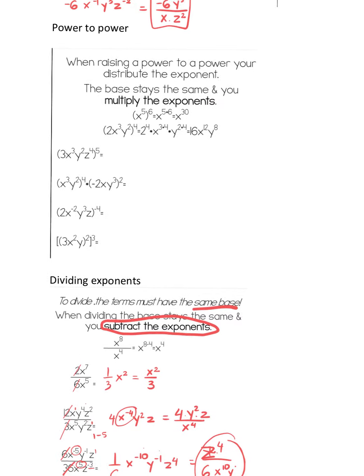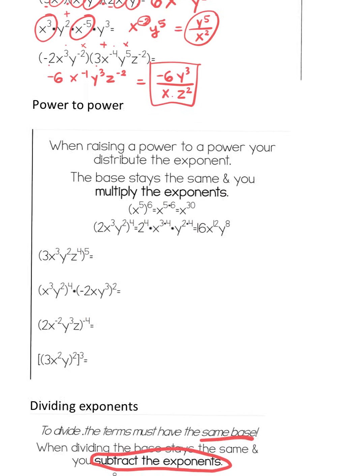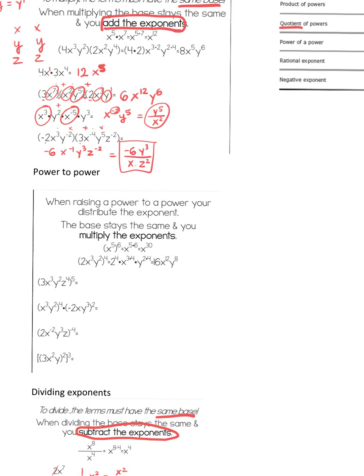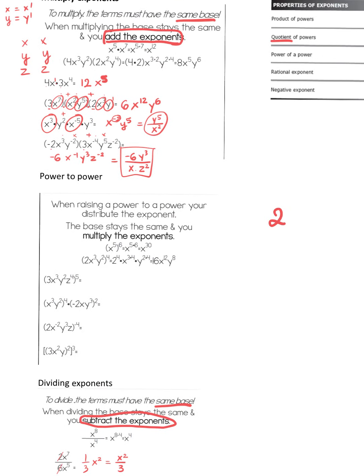Last but not least will be power to power. Let's say I have 2 raised to the power of 3. That's its power, right? But power to power means this whole thing will be raised to another power, let's say raised to the power of 2.